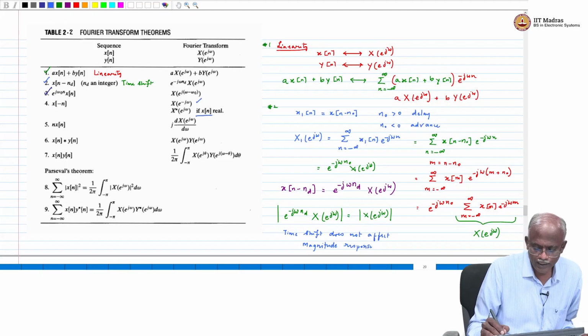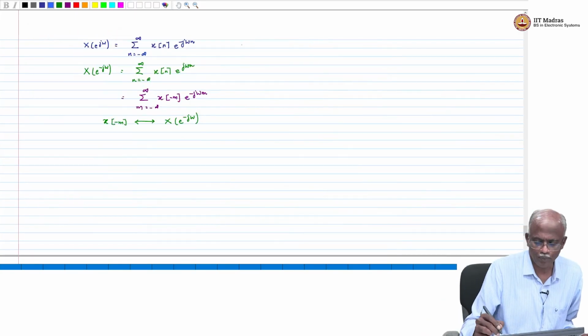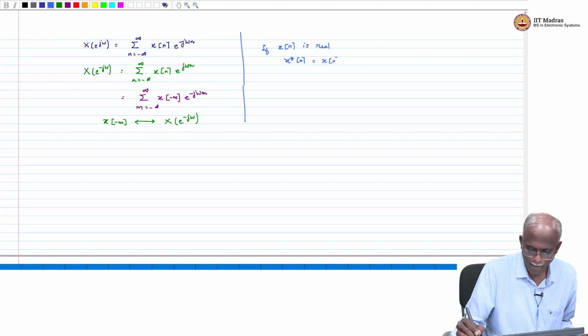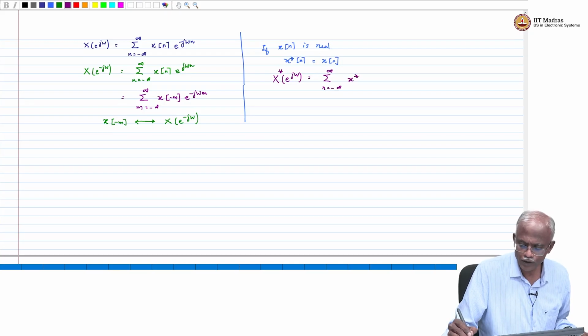Now if it so happens that x of n is real, then you have the following additional property. If x of n is real, then x conjugate of n is equal to x of n. In that case, look at X of e power j omega conjugate. This will be equal to summation n equal to minus infinity to infinity x conjugate of n e power j omega n.